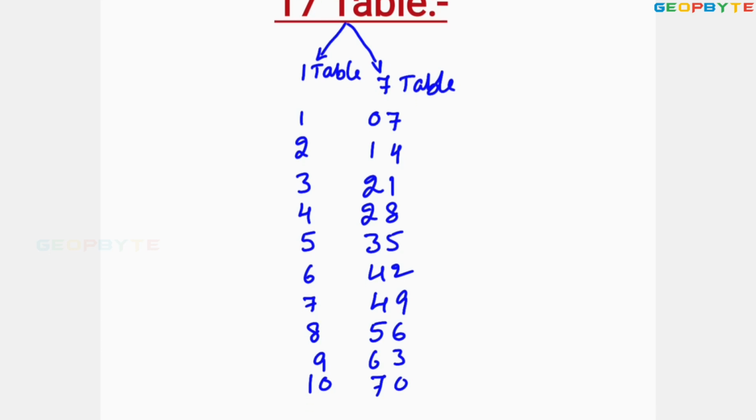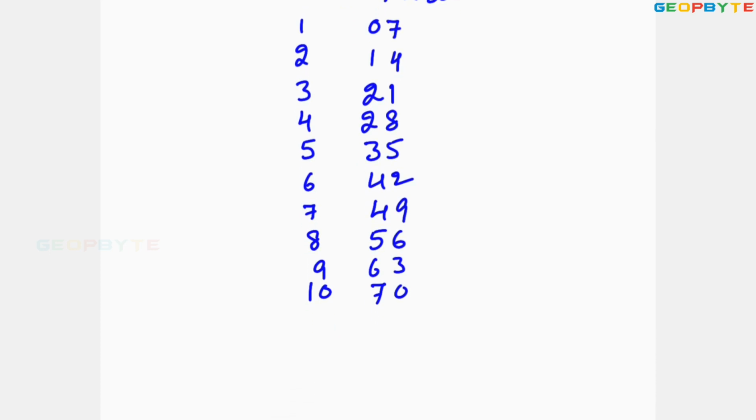Then what you need to do is you try to prepare a rectangular box for the tens digits of 7 table and the 1 table. Let me prepare that.